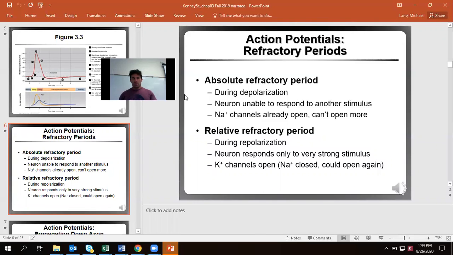So no matter what you do, it's simply not going to happen because the tissues need to resensitize, recover, and then be ready to go again. Relative is where if we send a big enough stimulus, we can, in fact, send another action potential. But this is where we're going to require a lot more incentive or a lot more signal. Does that make sense to you guys when it comes to refractory periods?